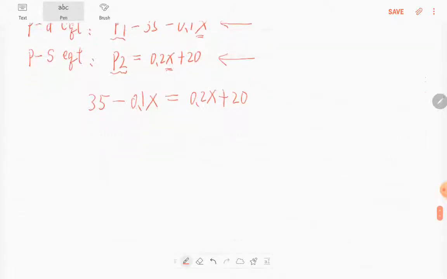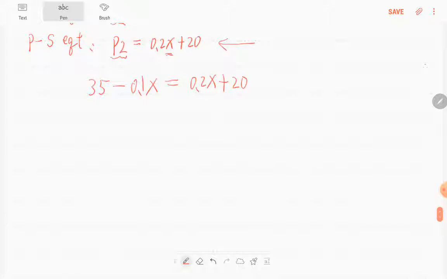Then we solve for x, right? So here we want to isolate x. In other words, we want to move x to one side and the constants to the other side. So we add 0.1x on both sides. We have 35 minus 0.1x plus 0.1x, which is 35 only, equals 0.3x plus 20 on the right side.